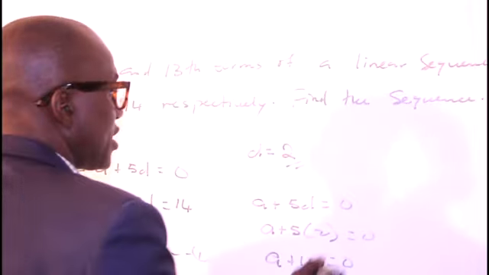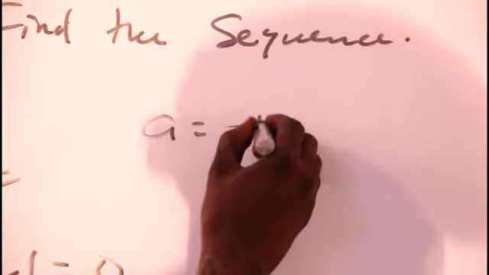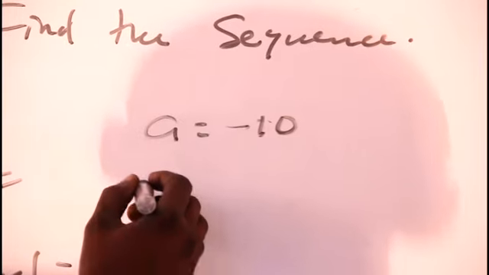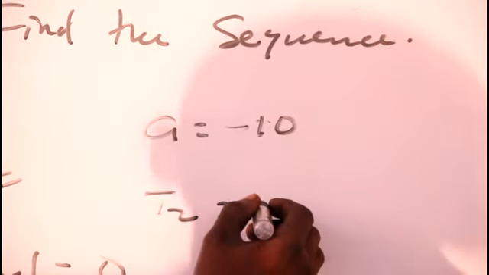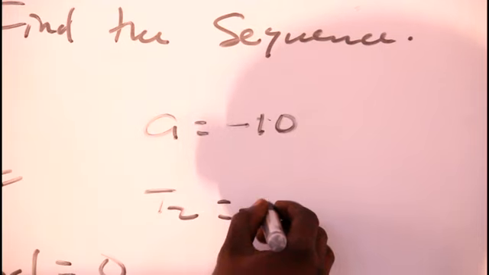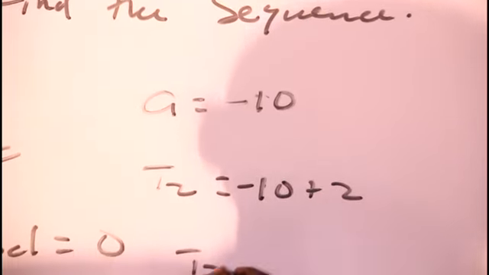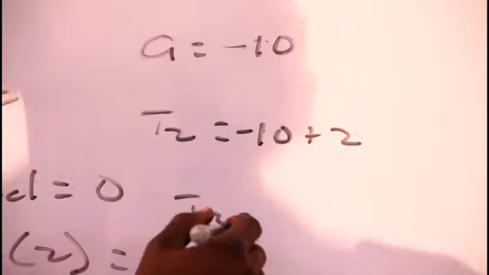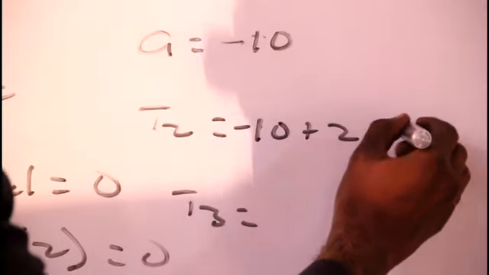Now that we are able to have our A, it is as easy as that for us to be able to find the sequence. If we have A being equal to minus 10, by the time we add 2 to minus 10, the second term, T2, will be equal to minus 10 plus 2, which is minus 8.